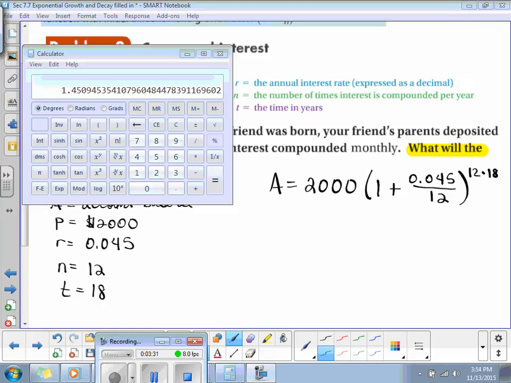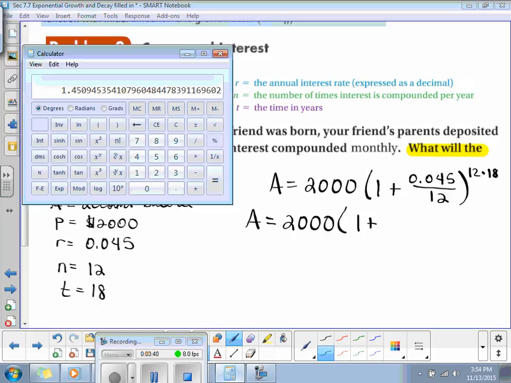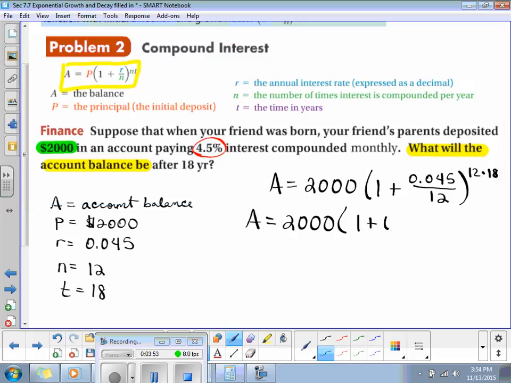So now we simplify. So A is equal to 2,000 times 1 plus 0.045 divided by 12. And I'm going to write that whole number, okay? 0.00375.